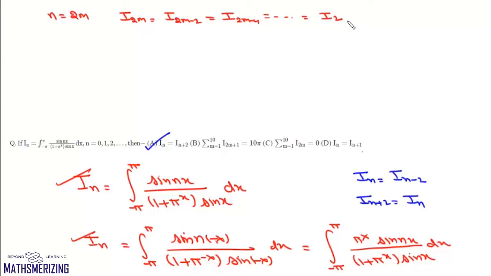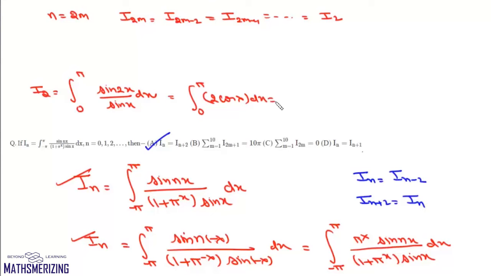Now what's I_2? I_2 is this integral from 0 to pi of sine 2x upon sine x dx. Now this is this integral from 0 to pi of 2 cos x dx, and integral of cos x is sine x, and sine pi is 0 and sine 0 is 0. So all of these, they are 0. So sum of all I_{2m} will be 0, and that's your option C.